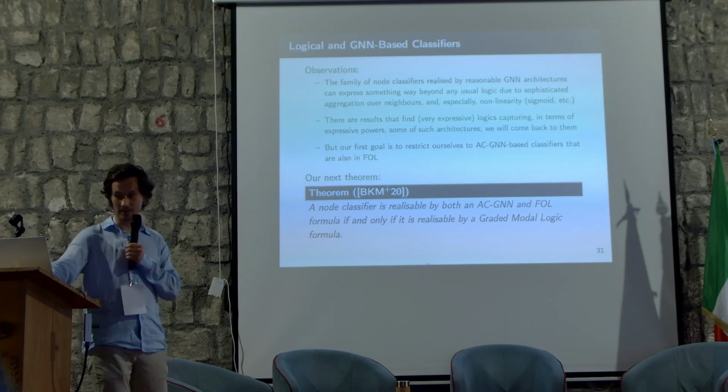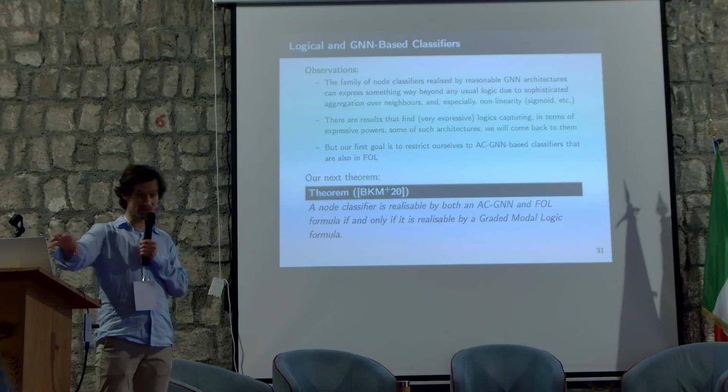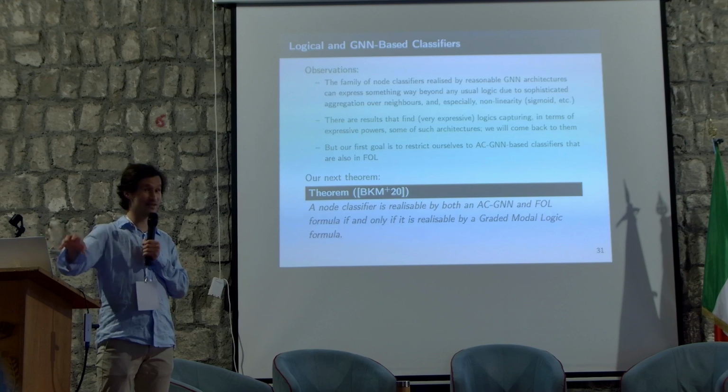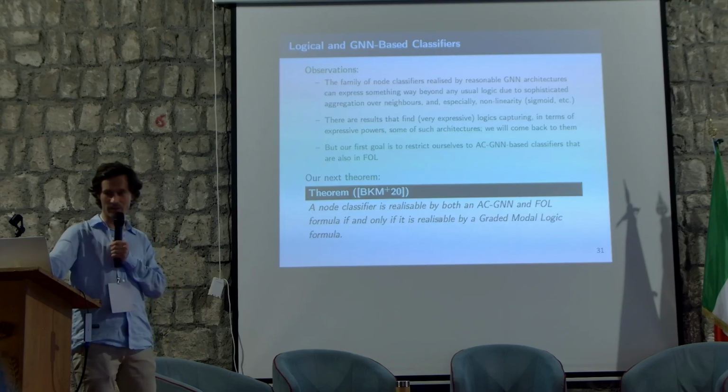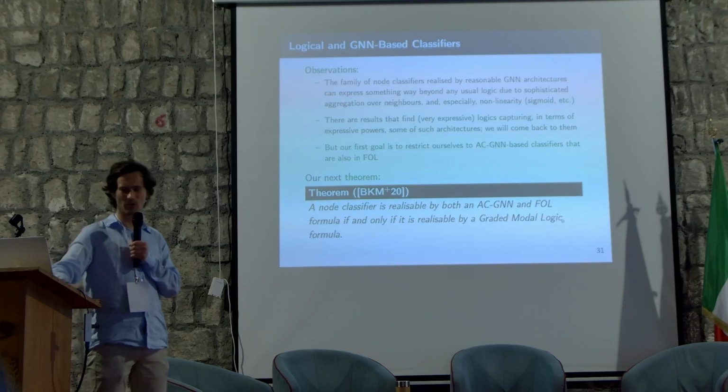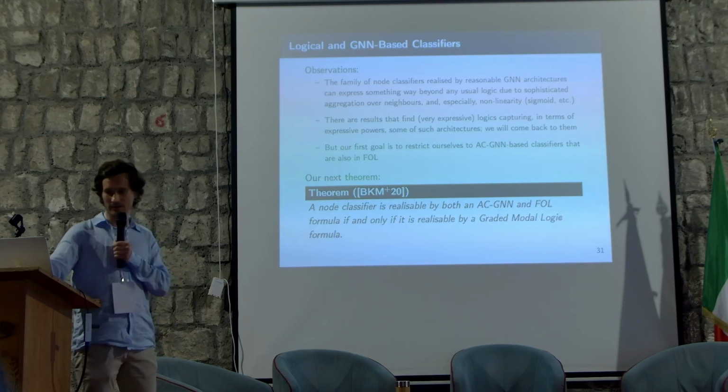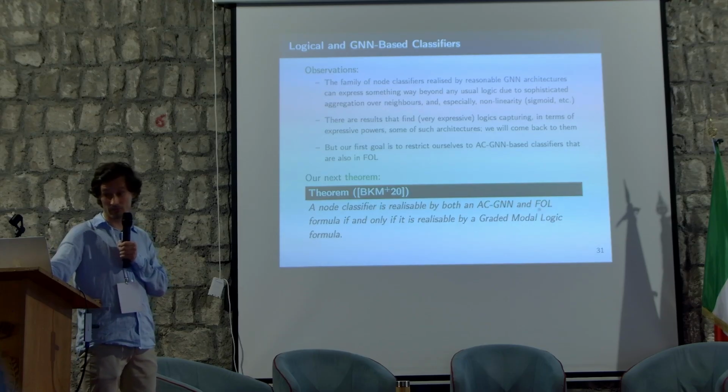Formulating it for graph classifiers, which say yes or no for each graph instead of each node, is no problem. It's not a graded modal logic, but something similar. For first order logic, no problem.